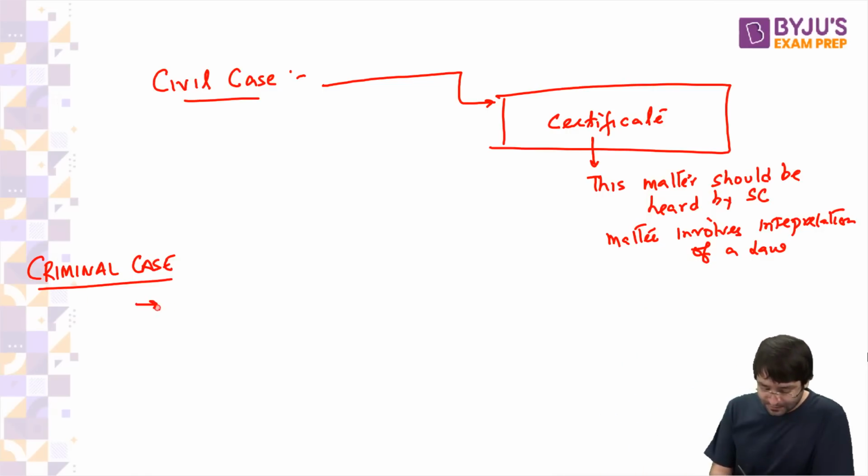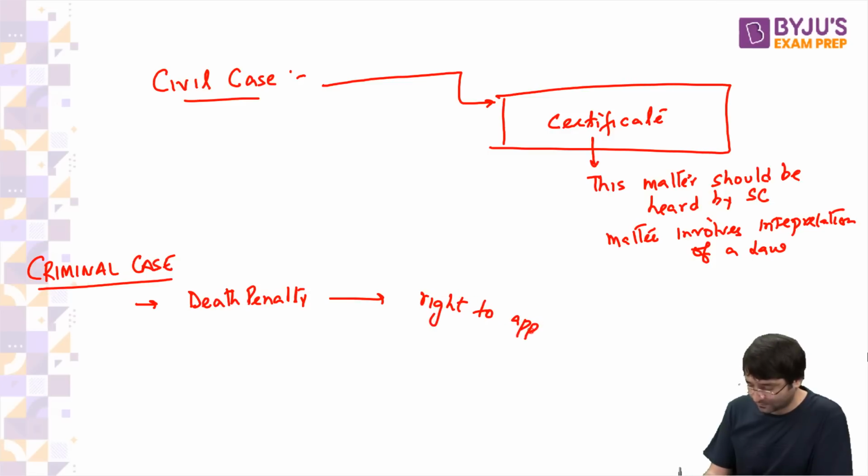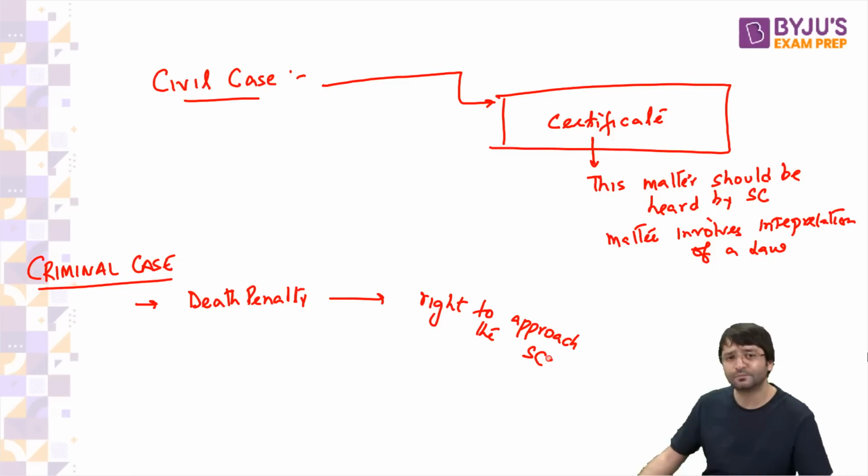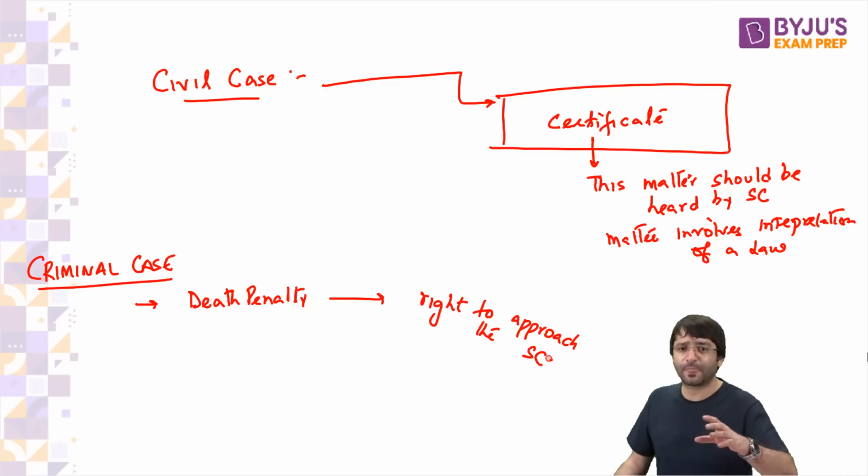Criminal case involving death penalty. If you have been charged with, let's say, waging war against the country, terrorism, rape, murder, for which death sentence is given to you by the High Court, it is your right to approach the Supreme Court.